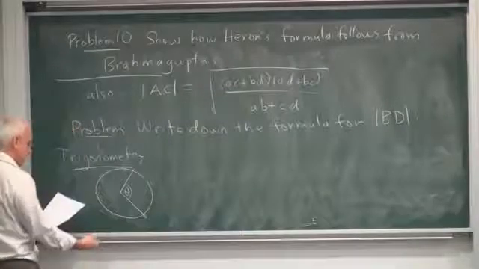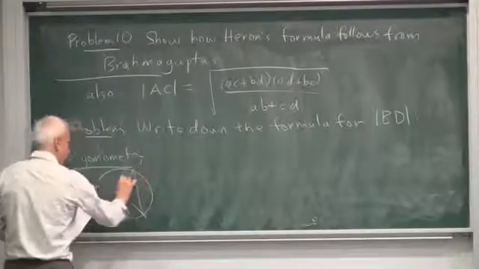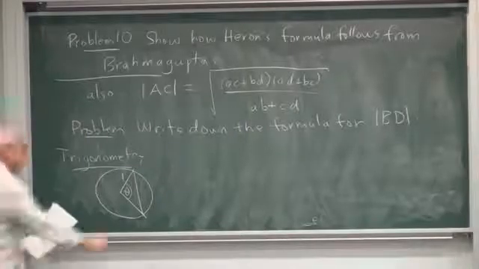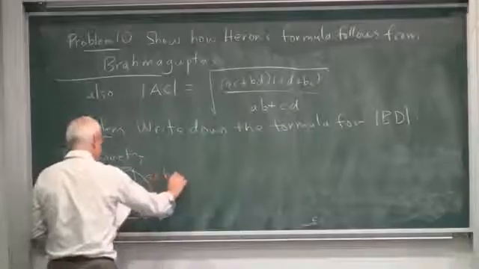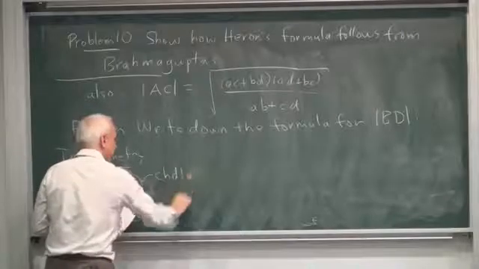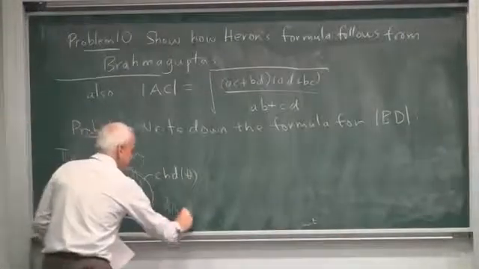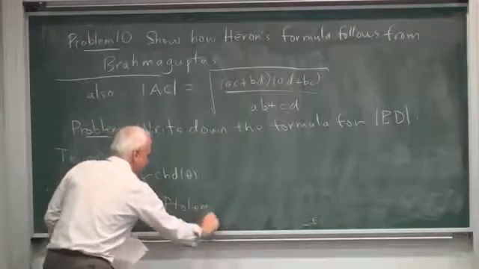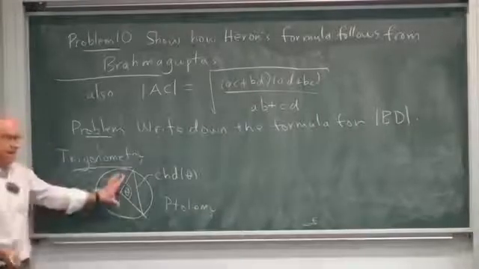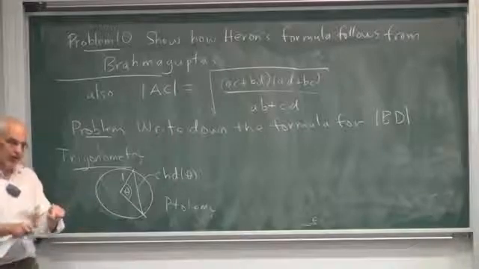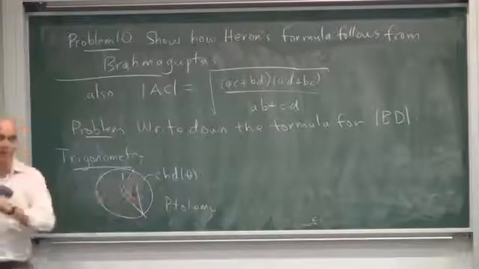So if that's an angle in a circle, let's say the circle is radius 1, then this side here might be called the chord of theta. So Ptolemy tabulated values for the chord depending on the angle, so that if you knew the angle, you could look up what the corresponding chord length was.